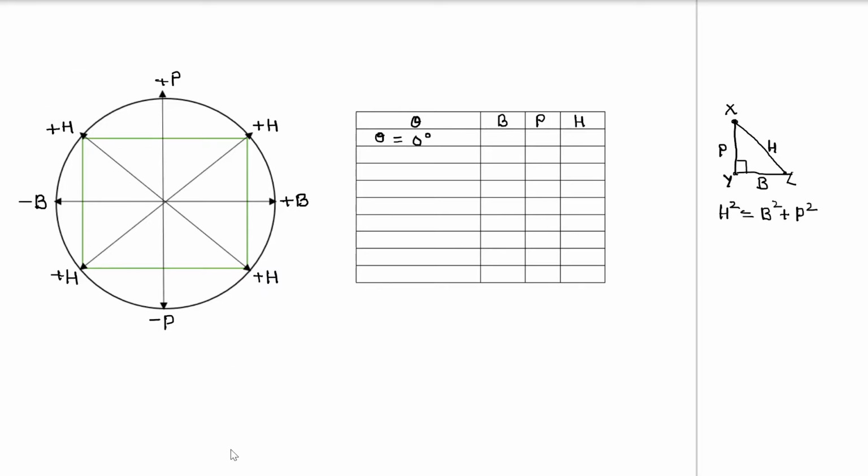What is theta here? For theta, I am going to use a green color. Let me take this point of intersection as O. Now O here becomes the point of intersection of both the x and y axes.